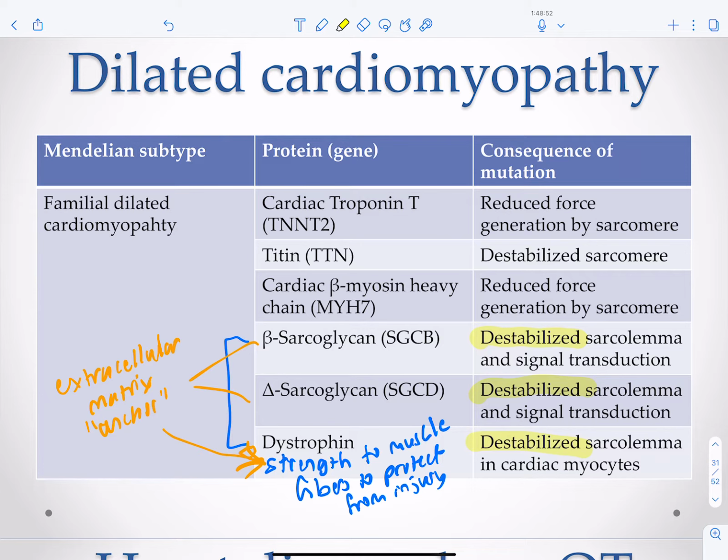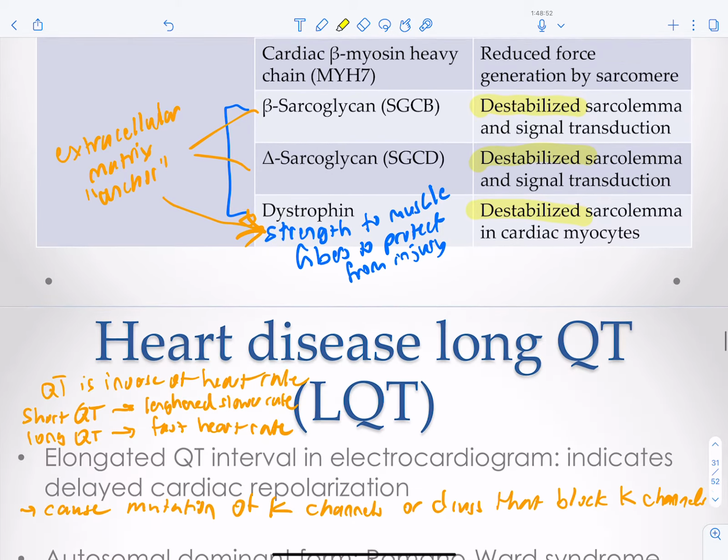Now, they're also thought to be involved in signal transduction. That's why it says there decrease in signal transduction, because again, they're part of the extracellular matrix. Communication is important in coordinating muscle contractions. And so again, destabilizing these proteins can lead to a decrease in signal transduction as well.